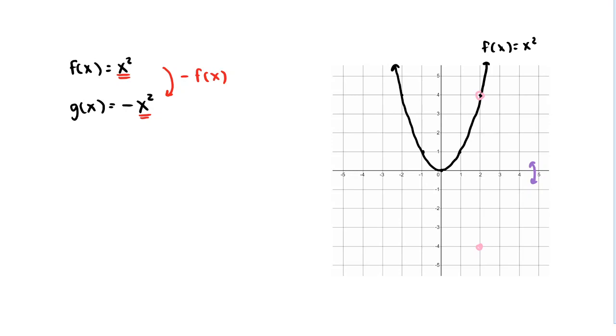It would just negate our output values and bring them across the x-axis onto, in this case, all the negative values. And so here we would end up with this graph. So we'd have the point 0, 0, negative 1, negative 1, negative 2, negative 4, 1, negative 1, and we already saw 2, negative 4.